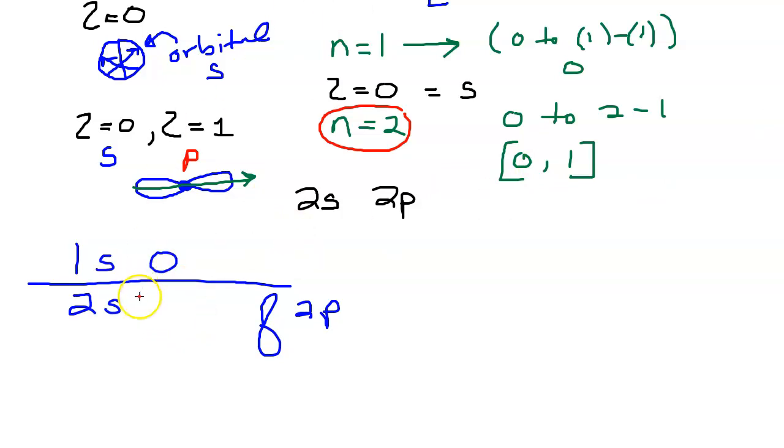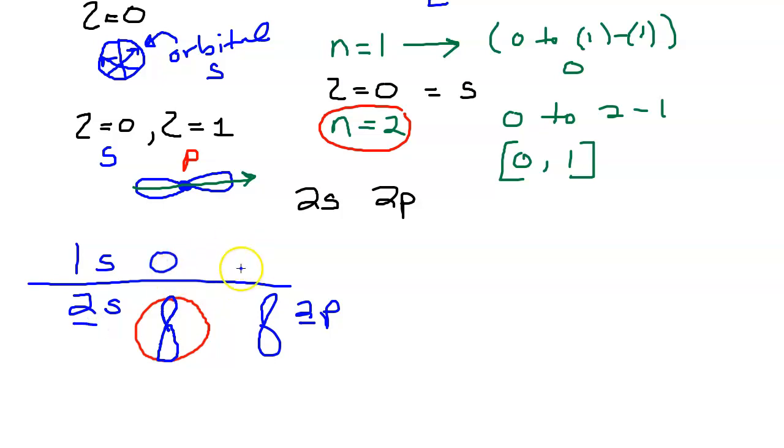So if I was to draw a 2s orbital that's bigger than the 1s, that 2p orbital should be about the same size. Oh, I can't draw it very well there. Let's go back. Let me just erase that. So that 2p orbital would be about the same size in terms of its length, because it's 2p.